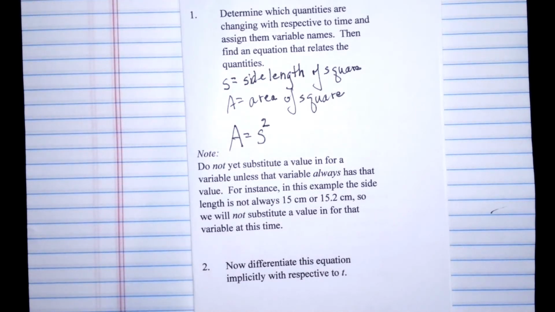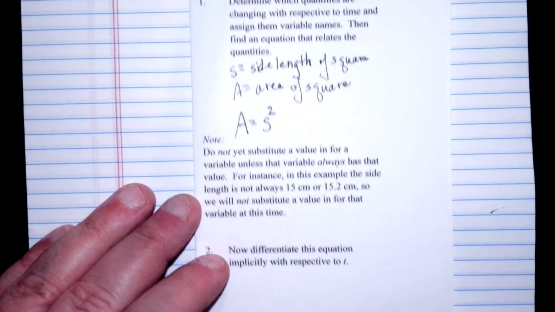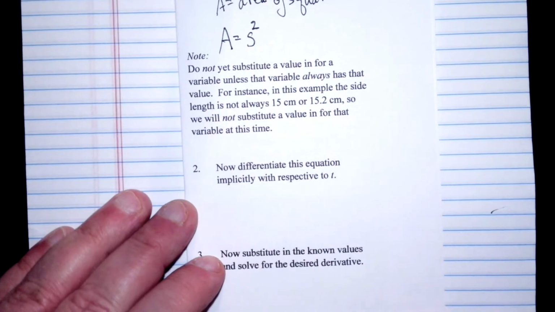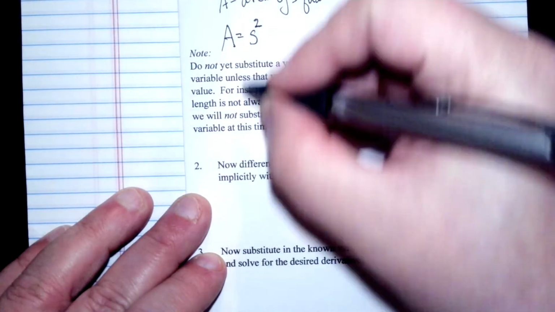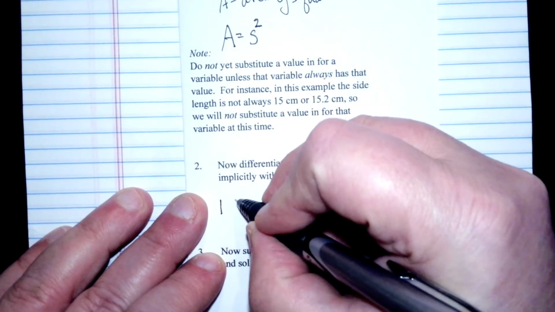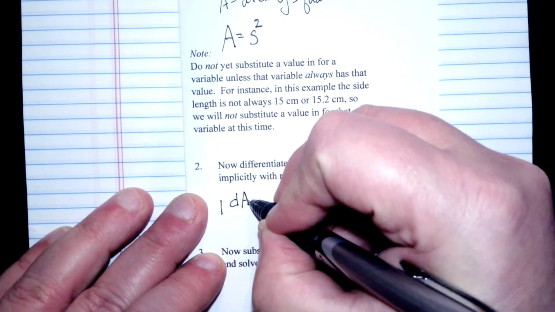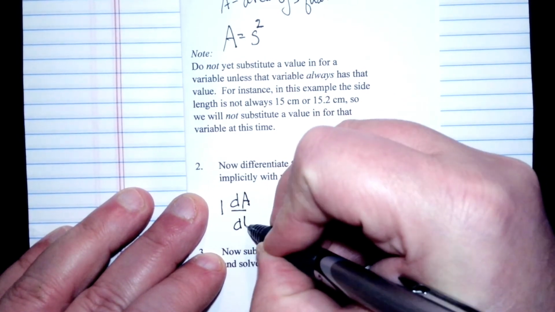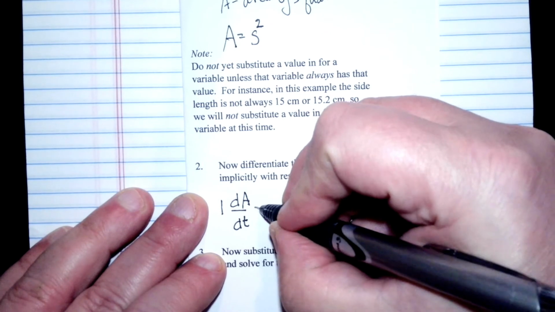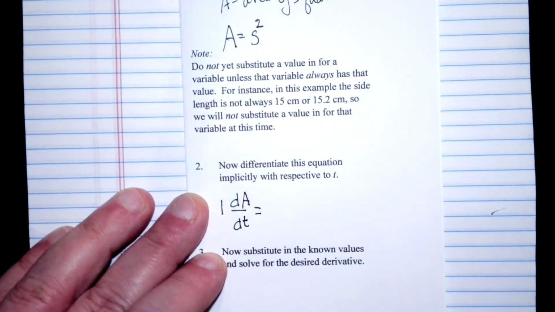So that's what we need to do next, is differentiate each side with respect to t. So on the left side we'll get 1 dA/dt. If you wrote that as just dA/dt, I would not mind at all.